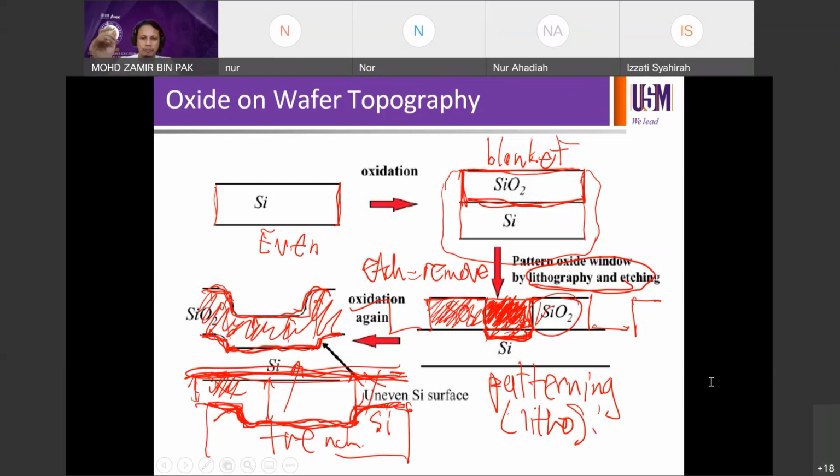If it's uniform, it will follow exactly, it will copy the underlying layer. The silicon already has a trench, but if we grow oxide with an even growth rate everywhere, it will follow the underlying layer. Well, not exactly.